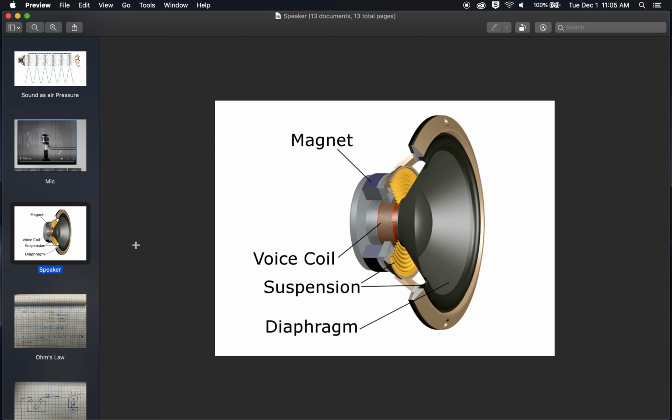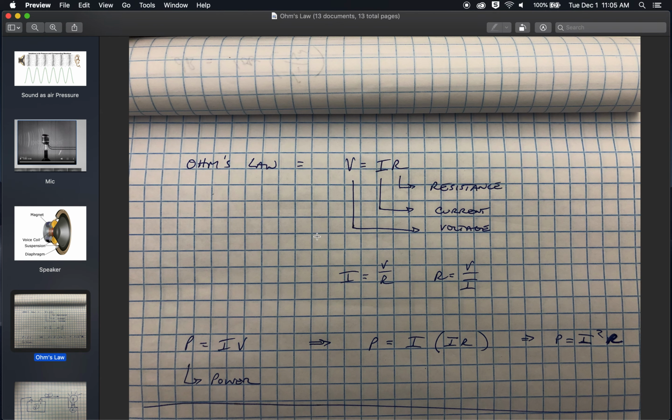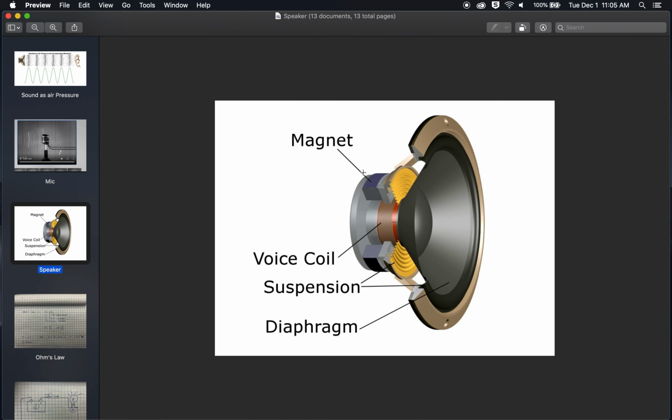And so speakers are rated as a resistance value measured in ohms, which is all derived from Ohm's law. And we've seen this before, where voltage is equal to I times R, where I is the current and R is the resistance. So the speaker has some built-in resistance to it.